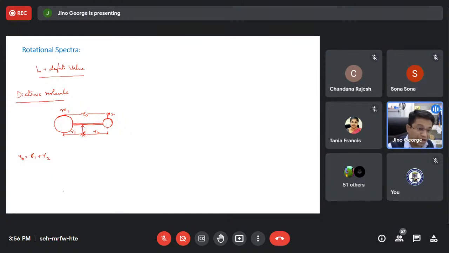Then I define, since I always have to think about the central point C, a balancing equation: M1 R1 is equal to M2 R2. So I have this first equation and this second equation. Then I write my moment of inertia I. Normally it is the summation over i of m i r i squared.